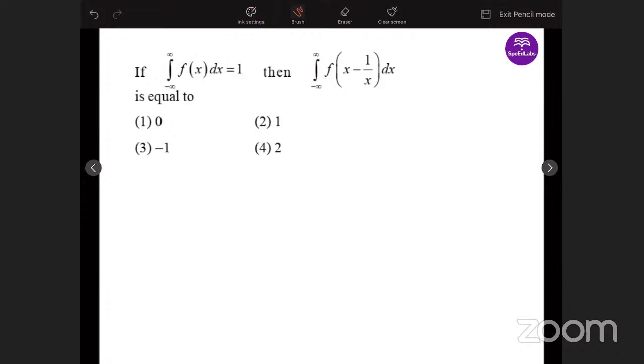Suppose I replace x with y minus 1 upon y. What will I be getting? What will my dx be? 1 plus 1 upon y square into dy.